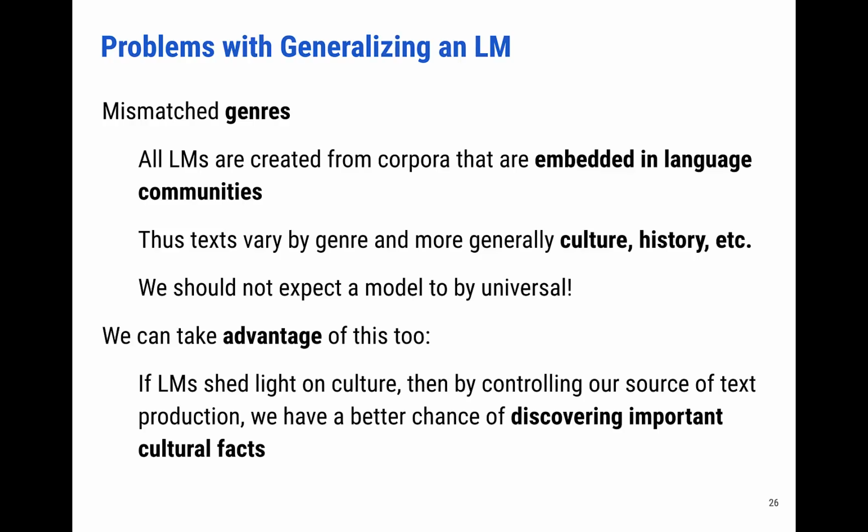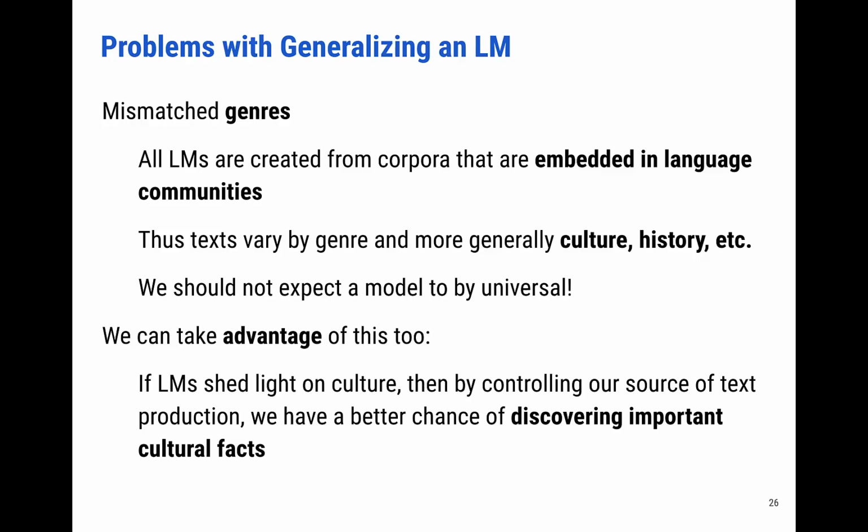So it's important to understand that when you're comparing, testing a language model, you test it within its target genre or its target area of application. Don't expect the model to be universal. There are also constraints of genre and historical constraints, in addition to the ones I just described that might be described as cultural constraints.